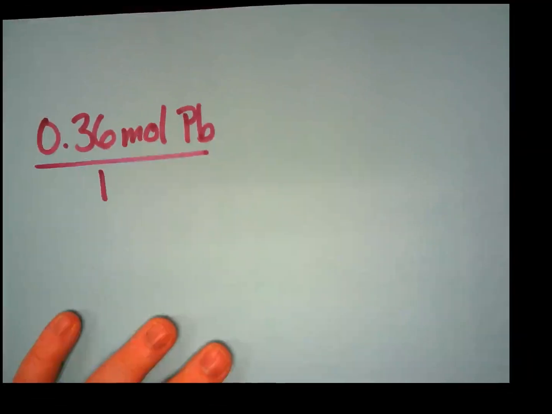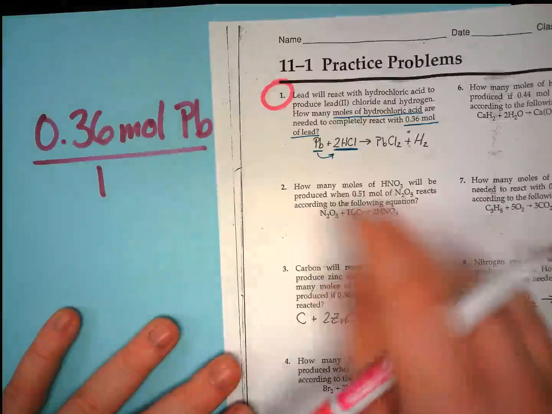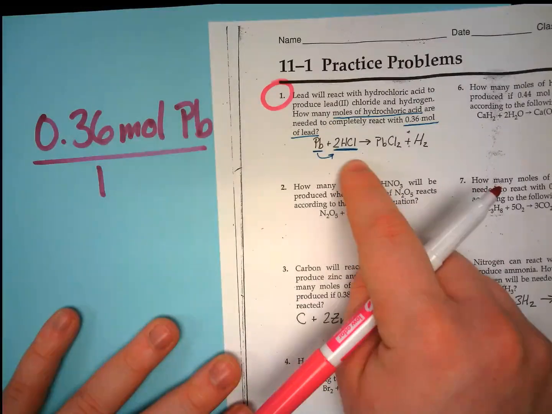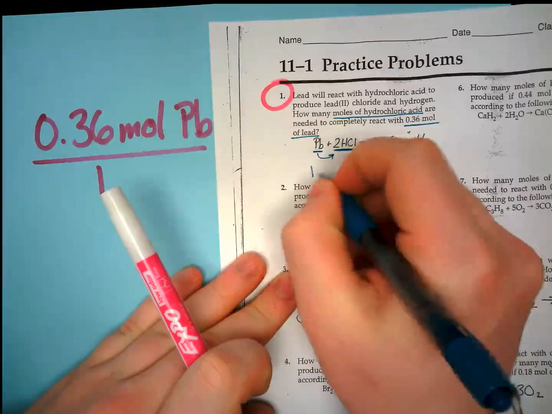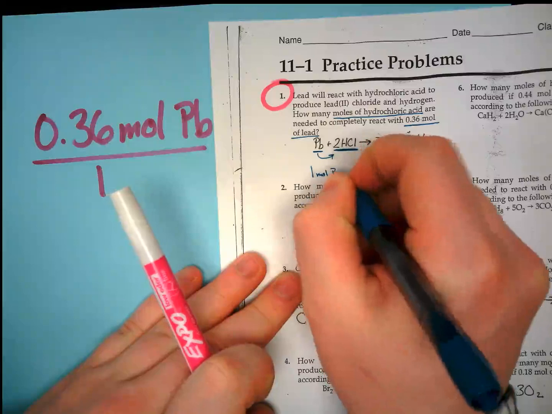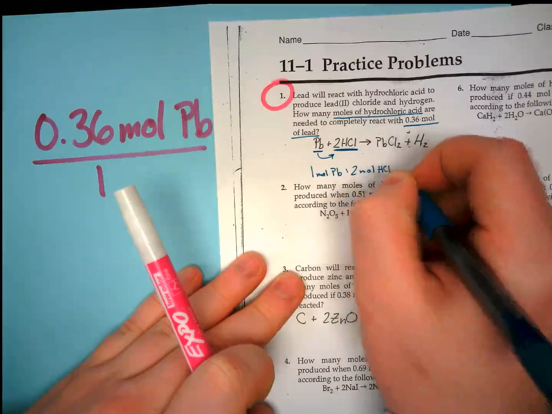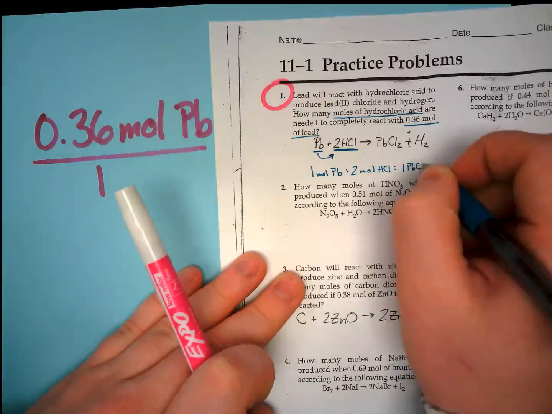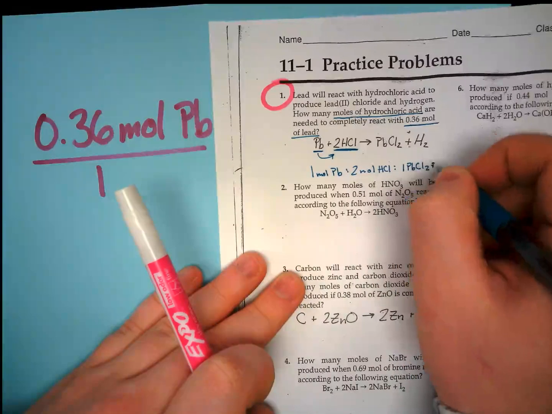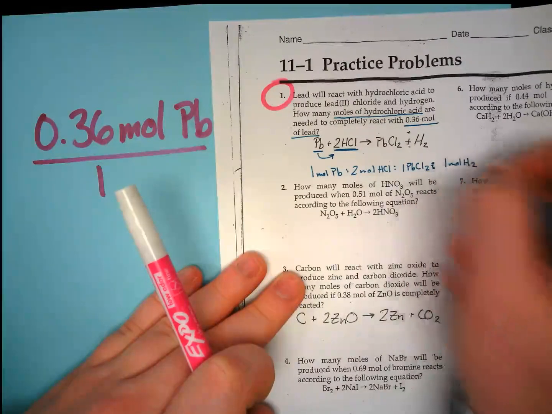Now, where are we going? Let's take a peek at what our balanced equation looks like. We'll have 1 mole of lead to 2 moles of hydrochloric acid to 1 mole of lead(II) chloride to 1 mole of hydrogen gas.